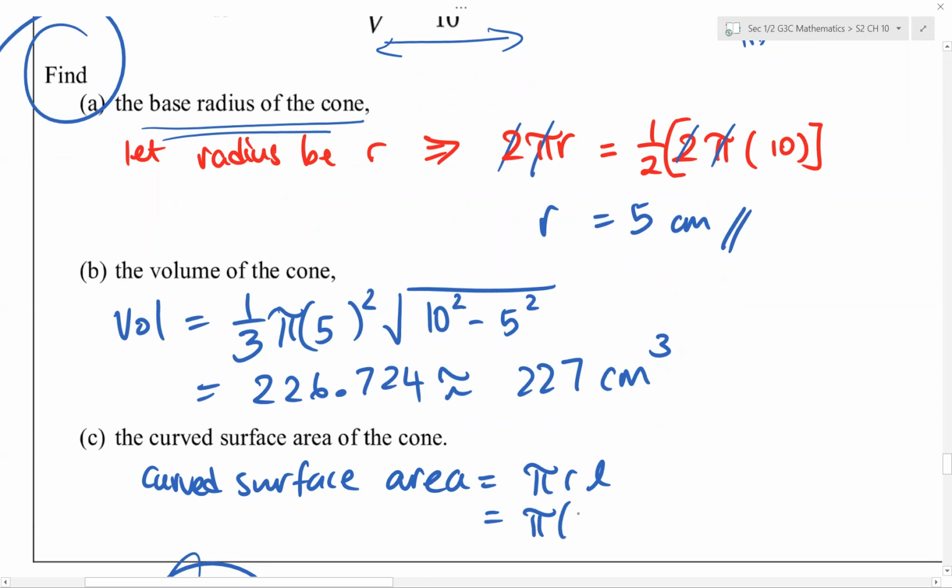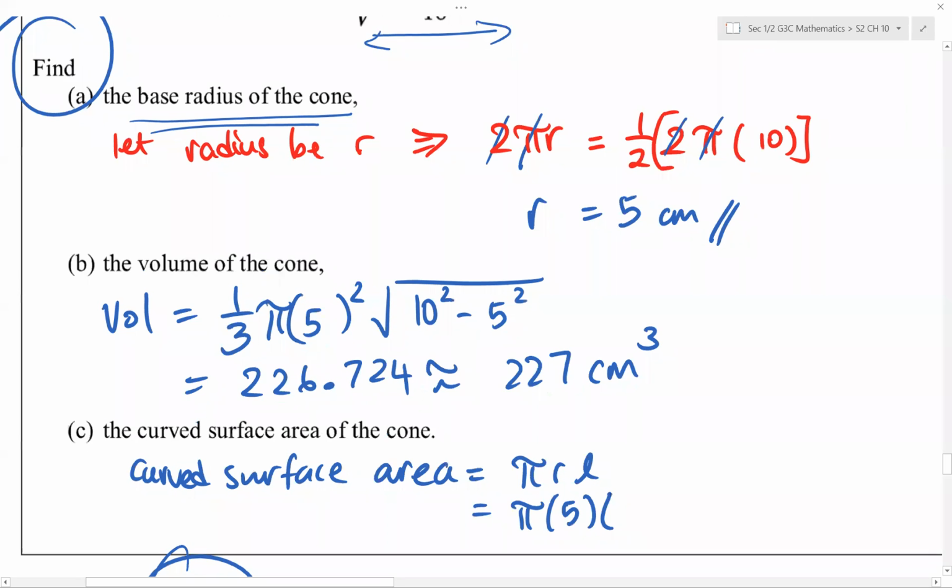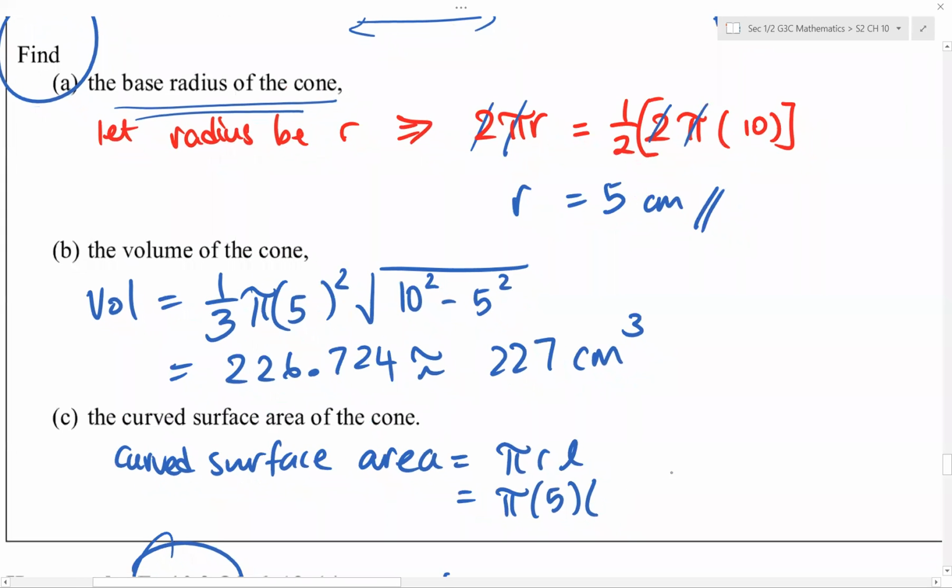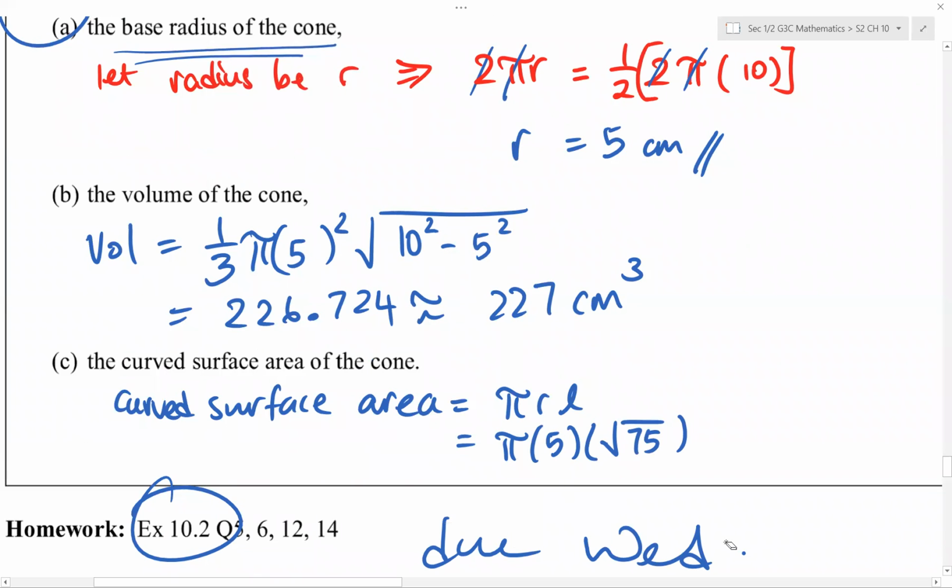So pi, the radius is 5, and the value for the slant height is square root 75. So let's just get this done out of the way first. 136.03.